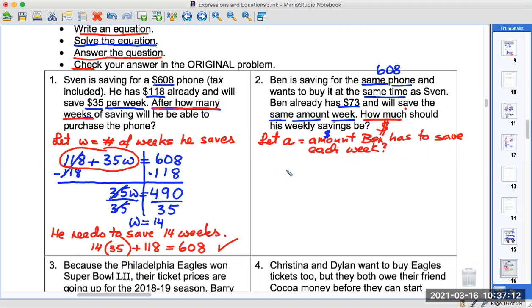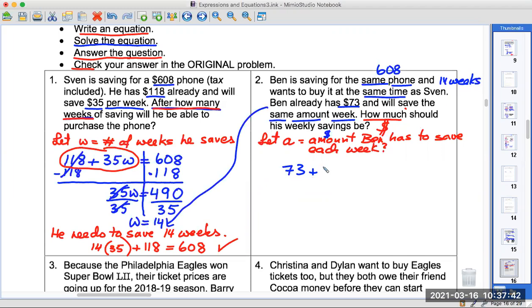So now comes my equation. Ben has, what's his starting? 73 plus, we don't know how much he has to save, but I know he wants to save it at the same time. So I'm using 14 weeks. That's the same time, right? So I have to refer back to this.